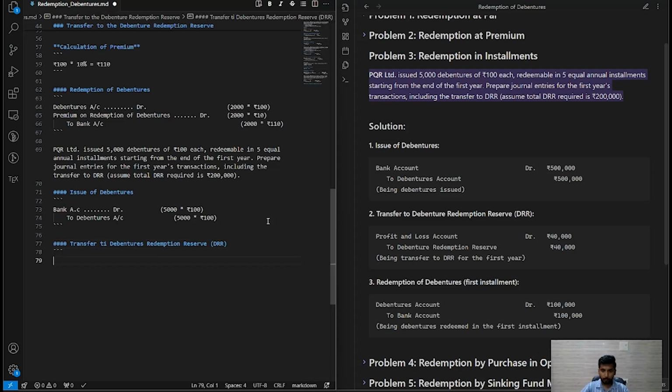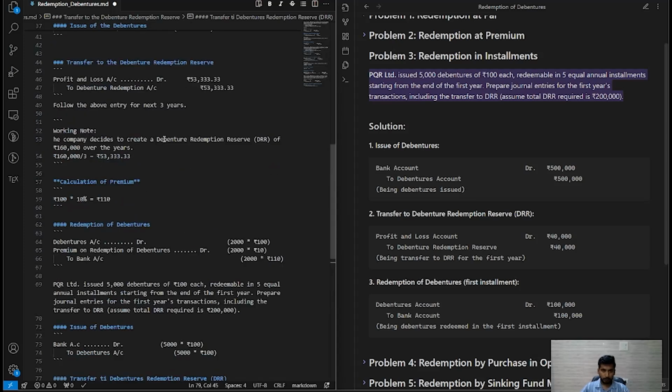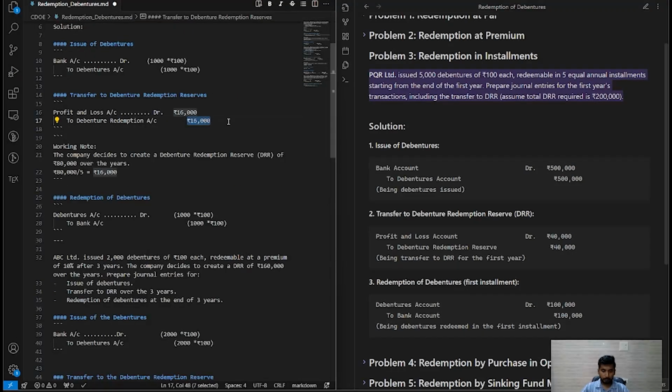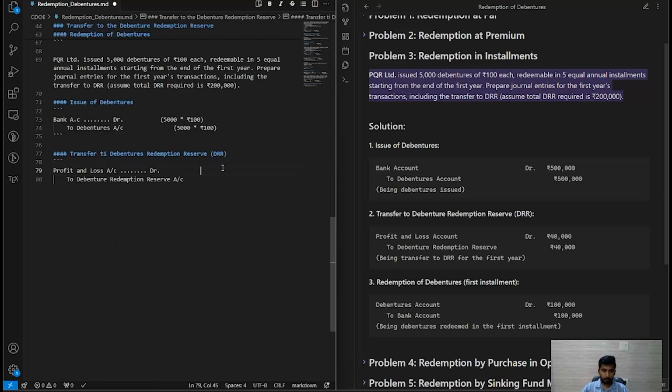In that case, the entry would be profit and loss account debit to debenture redemption reserve, which will be 40,000. You now know how this 40,000 is coming.